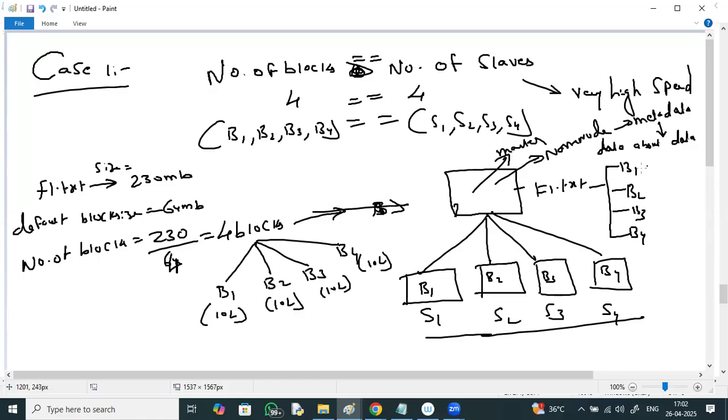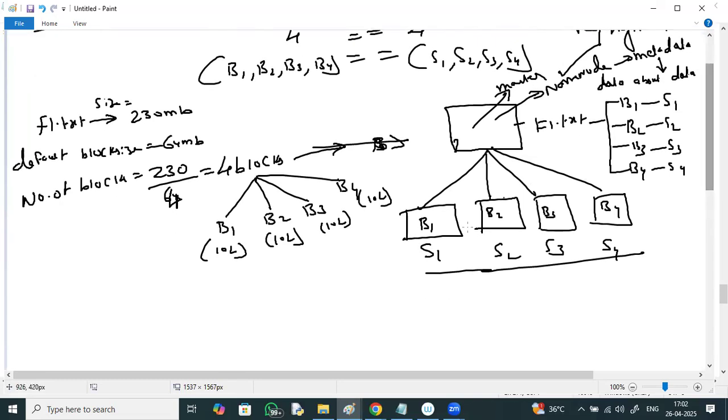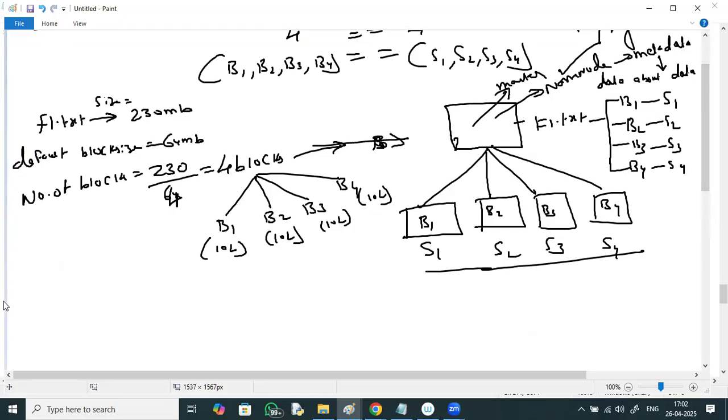B1 is stored in S1, B2 in S2, B3 in S3, B4 in S4. So the name node is storing this metadata, data about data. These 4 blocks are stored across 4 slaves. This total information is maintained by the master node, that is the name node, but in the slaves, data is stored and data is processed. This is how data is stored: your blocks are distributed across multiple slaves.